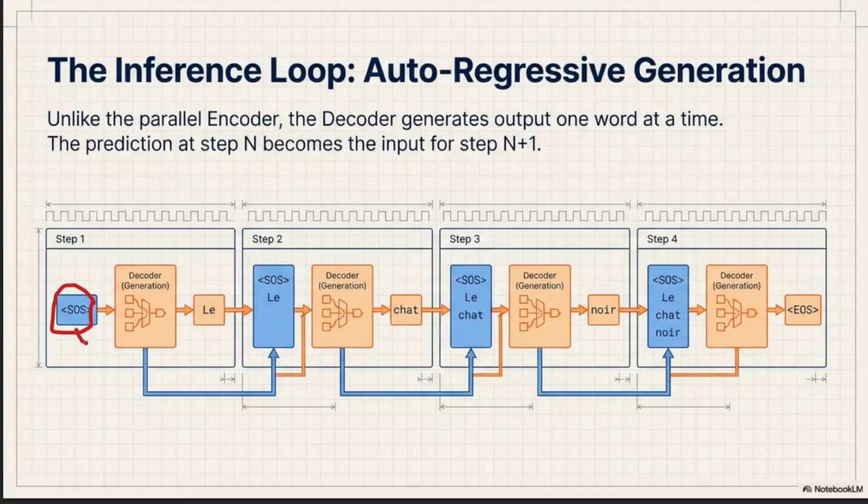Feeding this into this block should give us le as output. We use it as an input. We predict the next word, and then we do the same until finally we predict the EOS token, or end of sentence. Once the model predicts EOS, it knows that we finished this task, or the translation, or generation, or any other task.